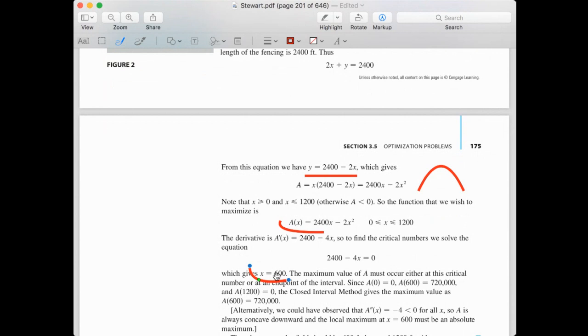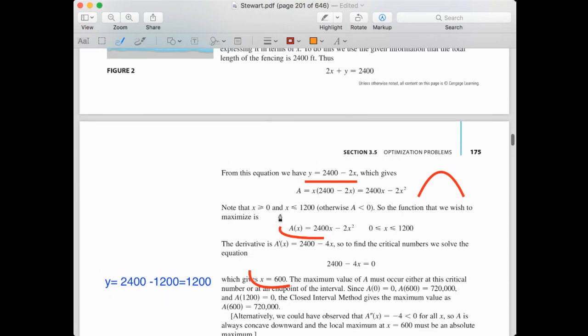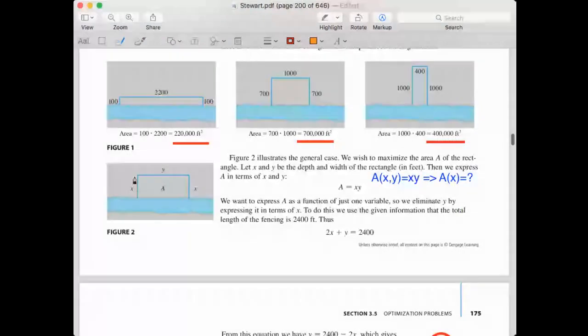We can find the length. y equals 2,400 minus 2x. So y equals 2,400 minus 2 times 600, that's 1,200. And then that's it, we finished. The width is 600, the length is 1,200. So in the picture, we have 600, 600, 1,200.